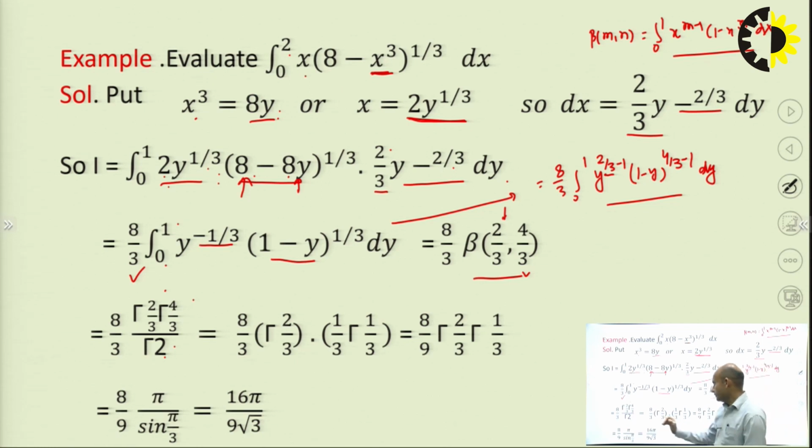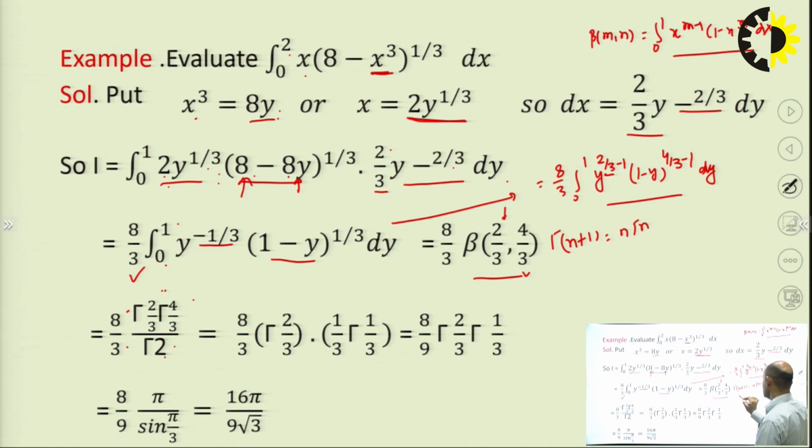So, we have 8 upon 3, gamma 2 upon 3, gamma 4 upon 3. So, gamma 4 upon 3 can be written as, we know from the reduction formula, gamma n plus 1 equals n gamma n. So, from here, since we have gamma 4 upon 3, we can write 1 upon 3 plus 1 gamma, which is gamma 4 upon 3. So, we can write 1 upon 3 and gamma 1 upon 3.